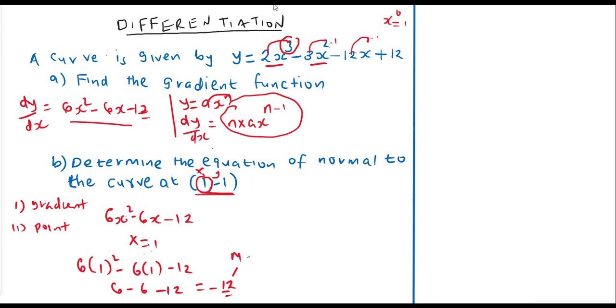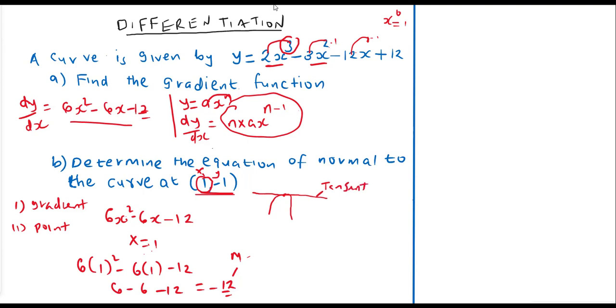Now, the gradient of the function is the same as the gradient of the tangent. Now, what is a tangent? When you draw a curve like this, a tangent is a line that touches the curve at a certain point. So this is called a tangent.